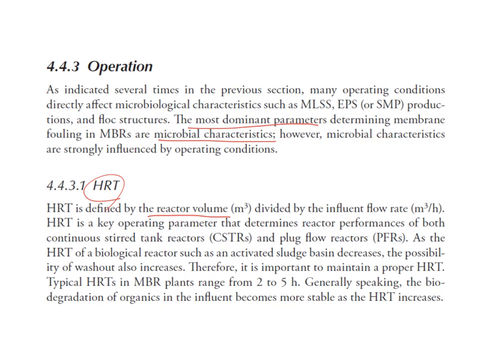A typical activated sludge system has an HRT ranging from 2 to 5 hours, which means the biodegradation of organics in the effluent becomes more stable as the HRT increases.